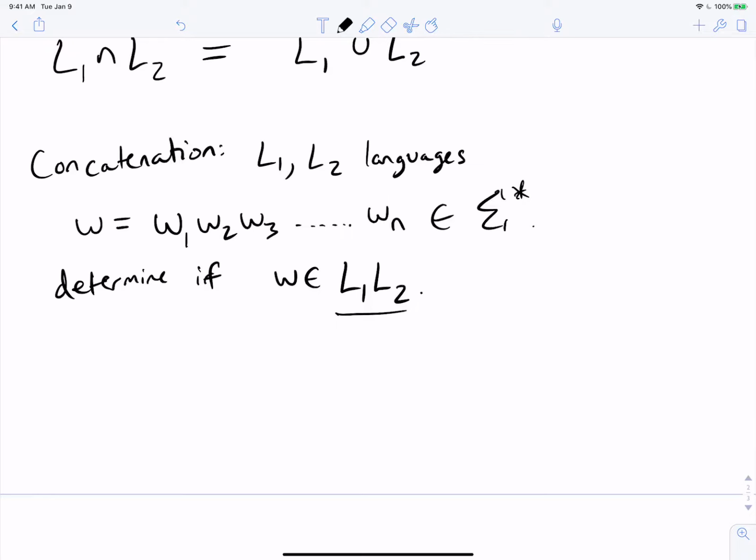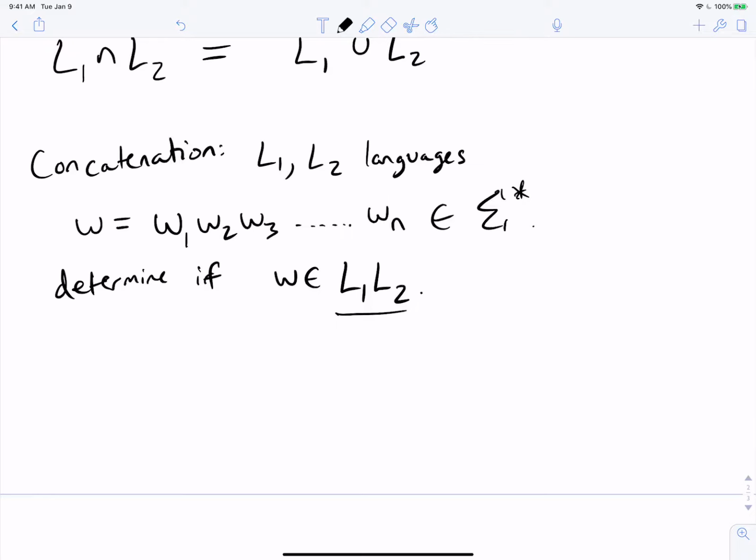We want to determine if there is a split of some kind where the first half is in L1 and the second half is in L2, such that the first piece belongs to the first language and the second piece belongs to the second language. What's the problem here? Or what's the difficulty at least?